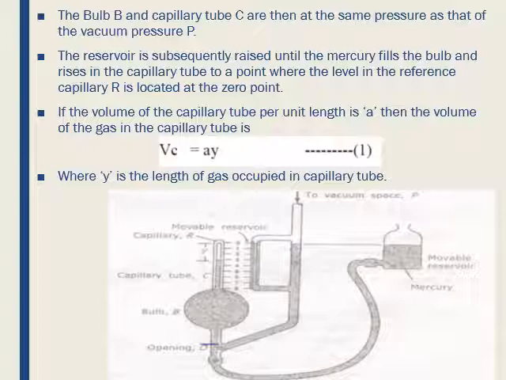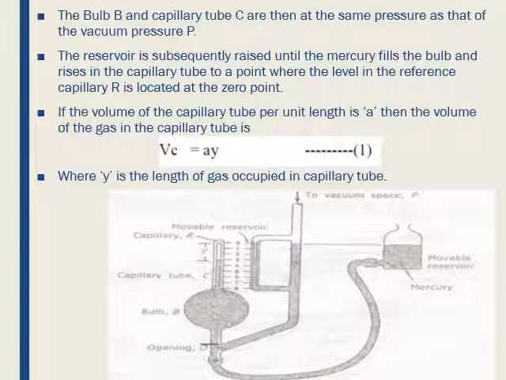Before that, the pressure to be measured is connected to the upper end of the glass part. When the mercury level in the gauge is below the cutoff EF, the unknown pressure fills the gauge, including the bulb and the capillary C. When the mercury sump is moved up, the level in the gauge rises, and when it reaches the cutoff F, a known volume of gas at the pressure to be measured is trapped in the bulb and capillary C. Then the mercury is forced into the bulb and capillary.